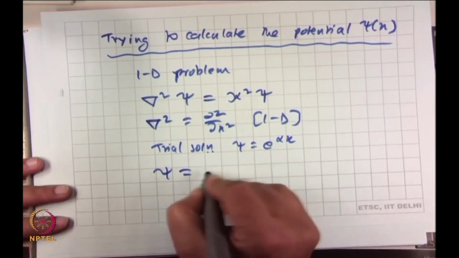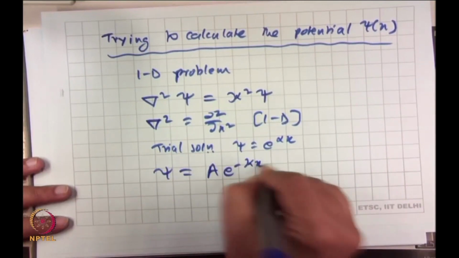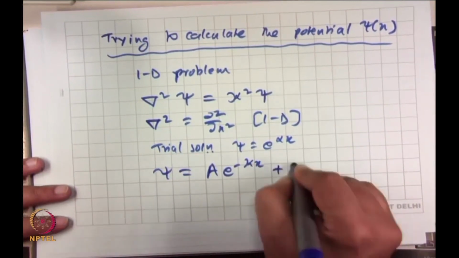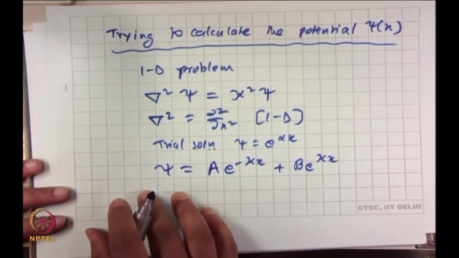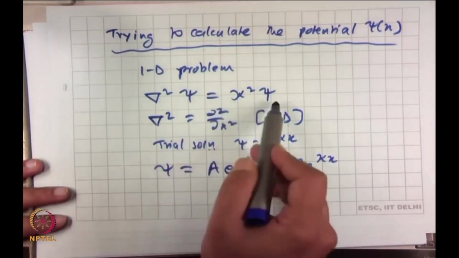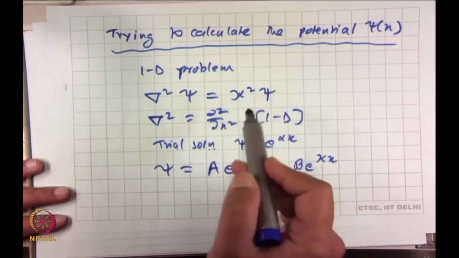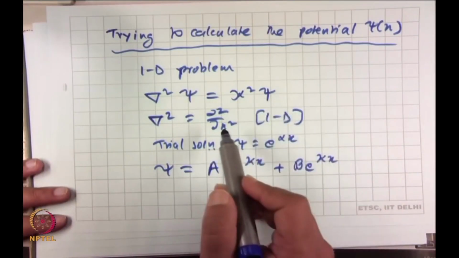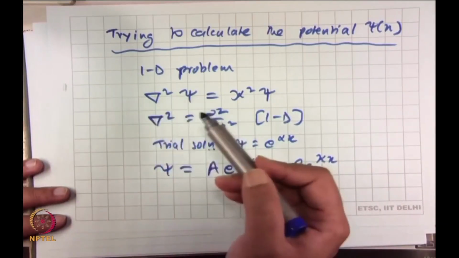Psi to be A e to the power minus kappa x, right, plus B e to the power plus kappa x. Why? Because when you put e to the power alpha x in this equation, what do you get? You get e to the power alpha x times alpha squared minus kappa squared is equal to 0. Do you understand? Because you are differentiating it two times.